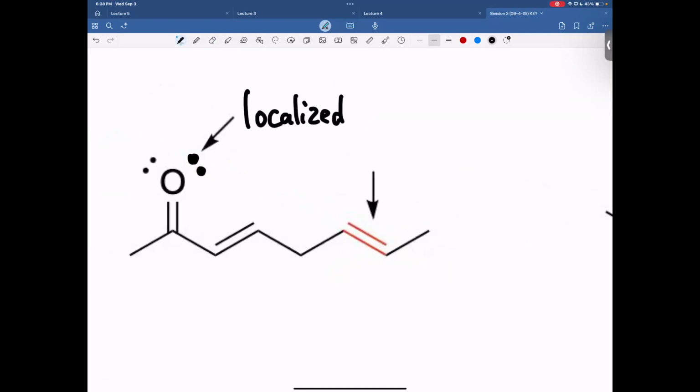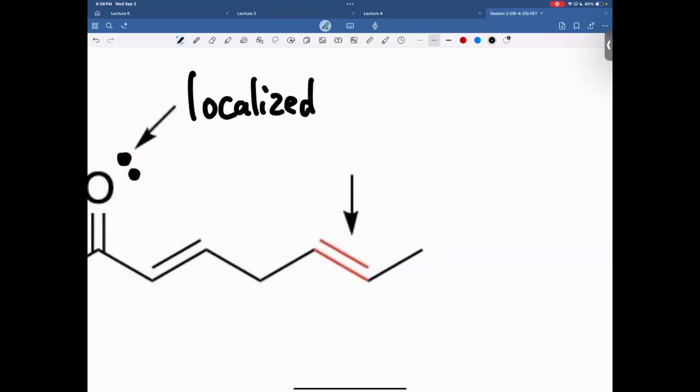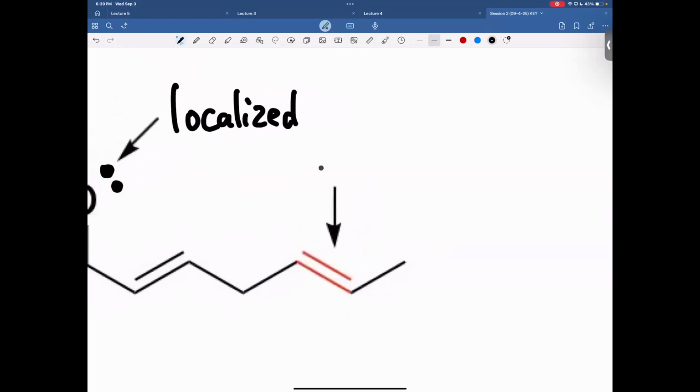We put a thumbs up. It's fine. Okay. It's actually not. You can't do any resonance pattern. Although there is a source of electrons, there aren't any atoms here that lack electrons. They all have a full octet. So that means it's going to be localized.